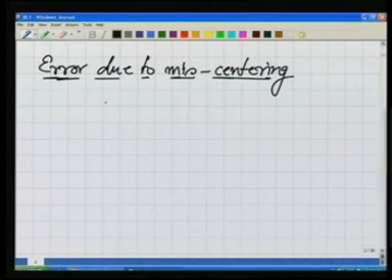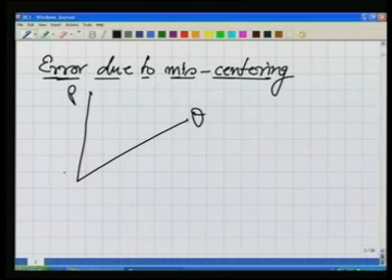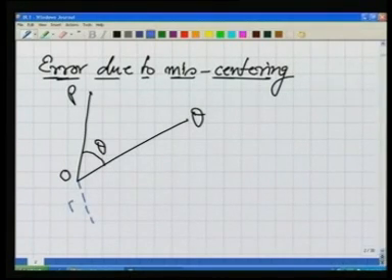So basically if I draw the diagram here, let us say there are 2 points P and Q, and O is here, this is the observer, and we want to measure angle theta. The meaning of miscentering is that somehow we are not able to center our instrument at O, rather we are centering at O dash.